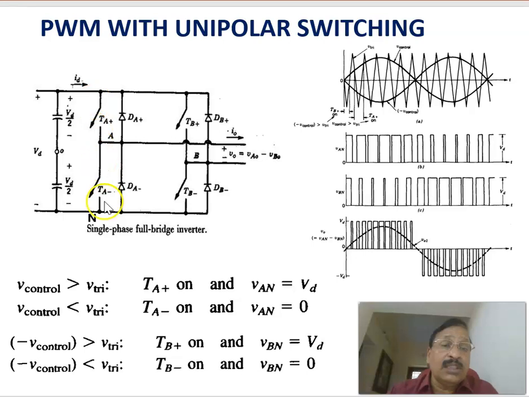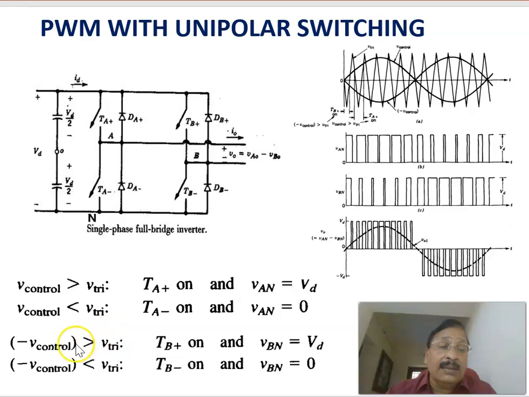If V control is less than the triangular voltage, then TA minus is on. When TA minus is on, this point is connected to the other rail, so VAN becomes 0. This is the plot of VAN obeying this control law, the top one.